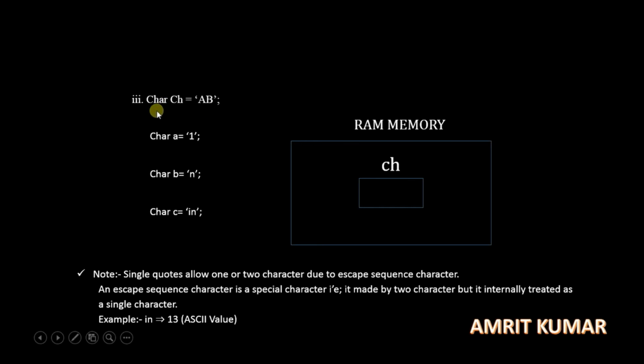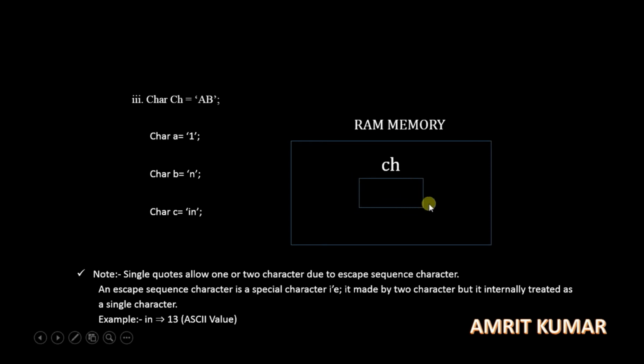Looking at this point, you can see the char data type whose variable name is ch, equal to a character, represented in this form by single quotes and a semicolon.